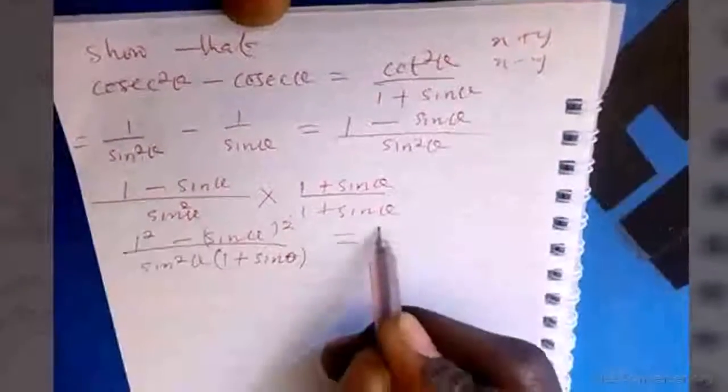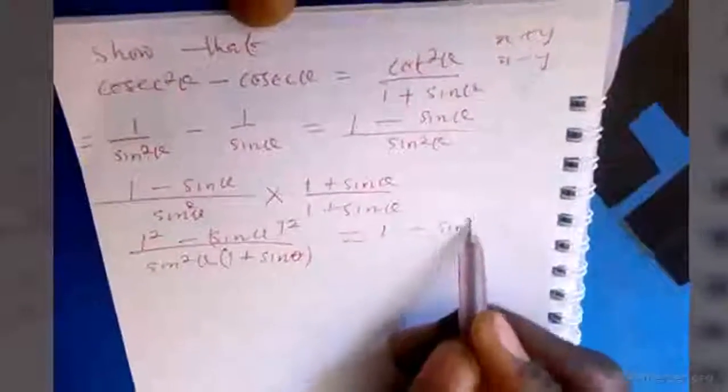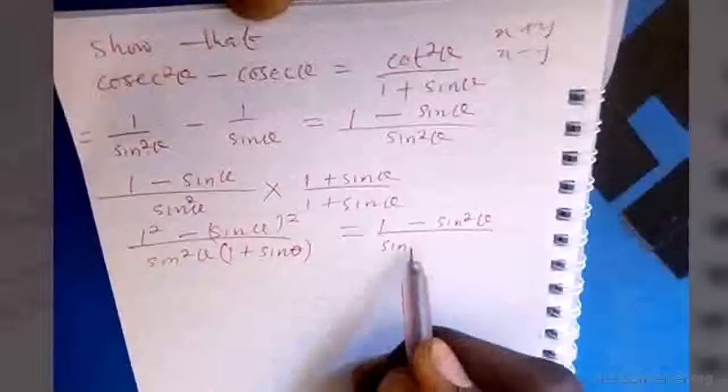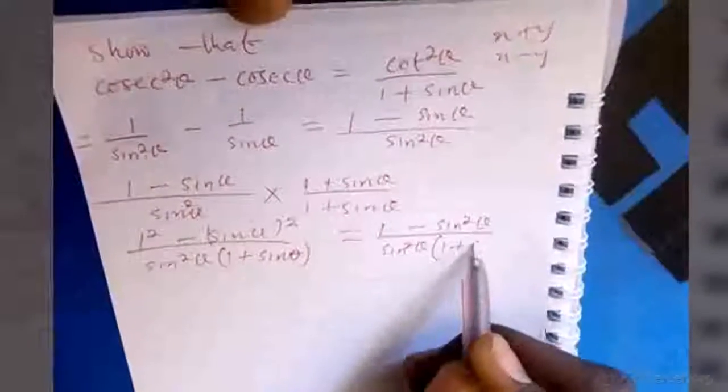This equals 1 minus sin square theta all over sin square theta over 1 plus sin theta.